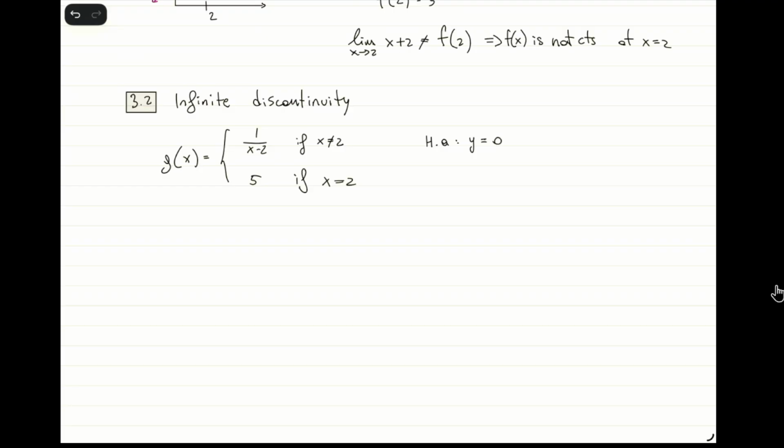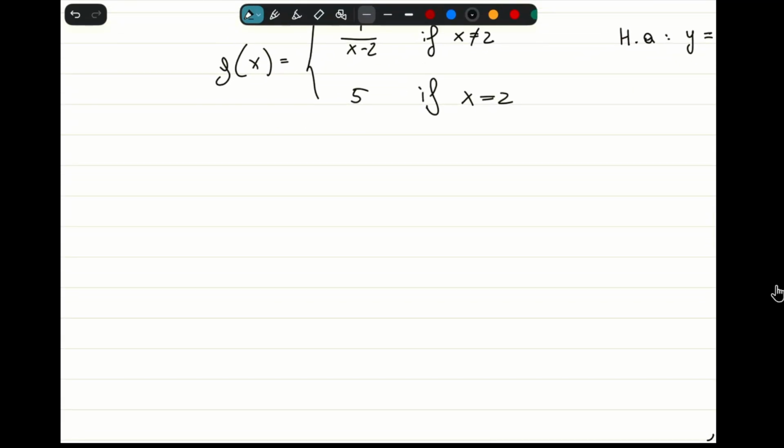We know it's not defined at 2, so that should ring a bell in your mind, and this means we have to check the one-sided limits. We already know f is not defined at 2, but I told you before we could stop right there. So if this question were to ask you, is f not continuous at 2? Well, then you could probably say yes. I would still be careful because, in this case it doesn't happen, but just give it a check.